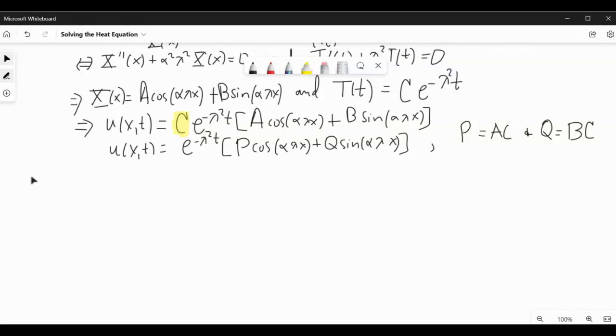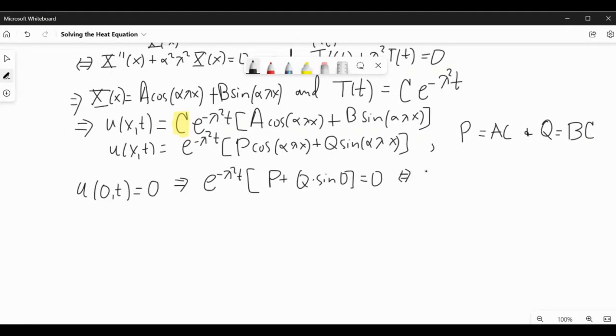And first of all, we have u of 0,t, which is the first condition. This would imply that upon substitution of the value x equals 0 into our first version of the solution u of x,t, we will have e to the negative lambda squared t times the quantity p plus q times sine of 0, and this must be equal to 0.